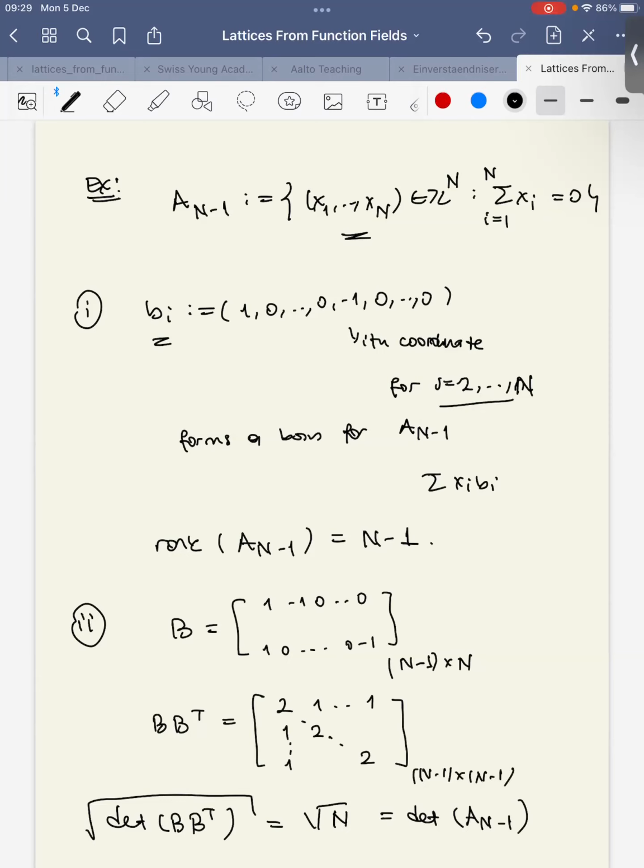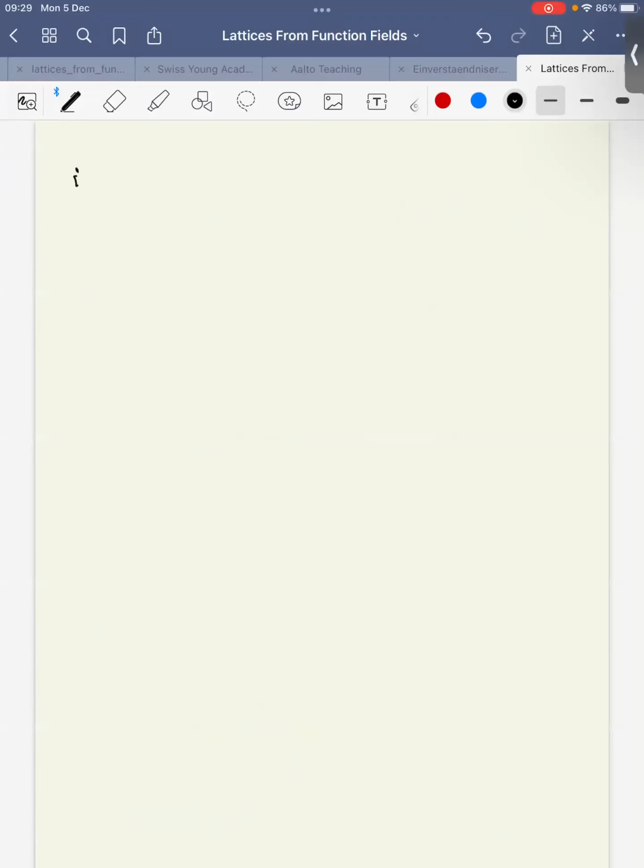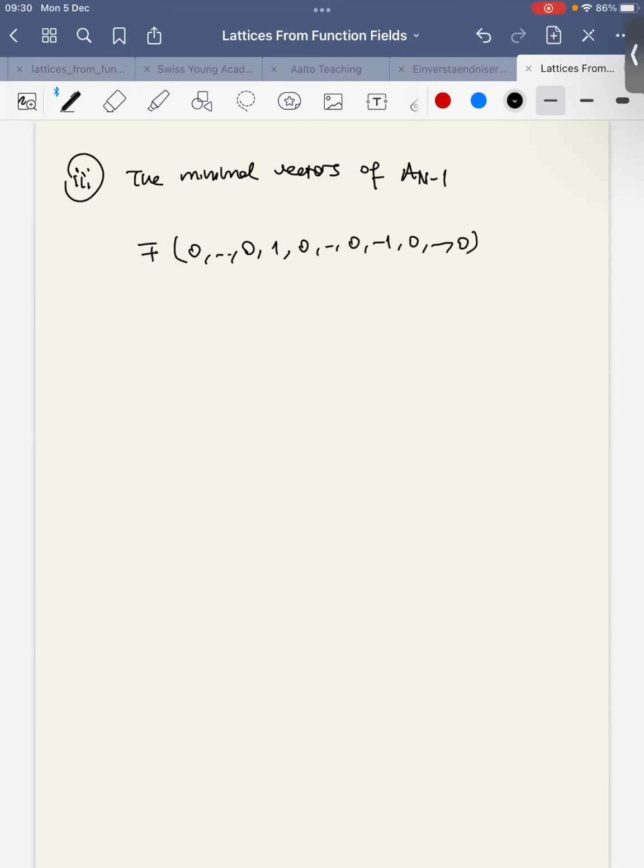And the minimum vectors of A_{n-1} are in the form of plus minus with the 0 entries, but we also have plus 1 and -1 entries.